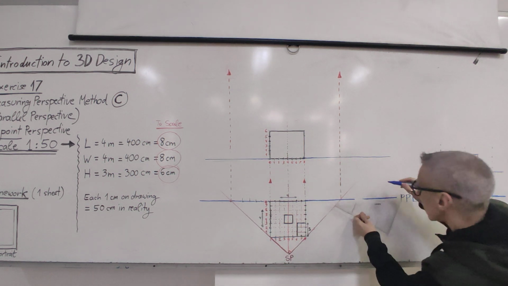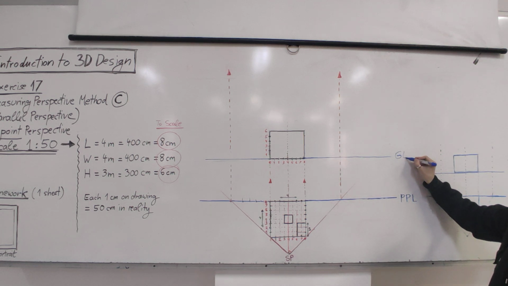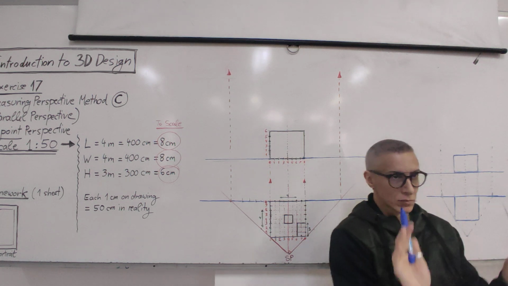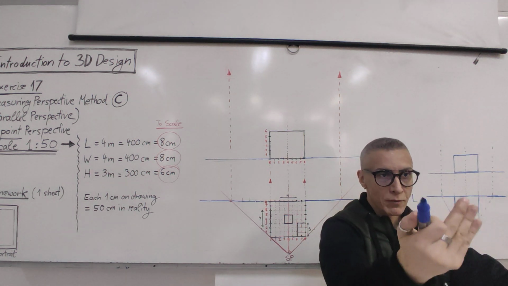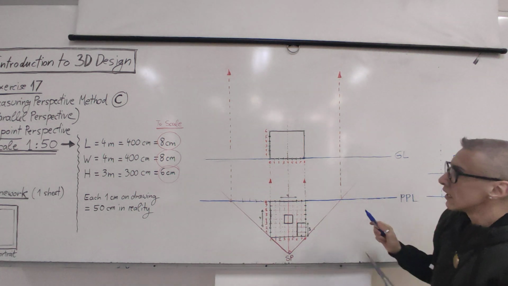This is the ground line. And this is our room at the back. From there we have all the measurements that we will use to draw the rest of the room.